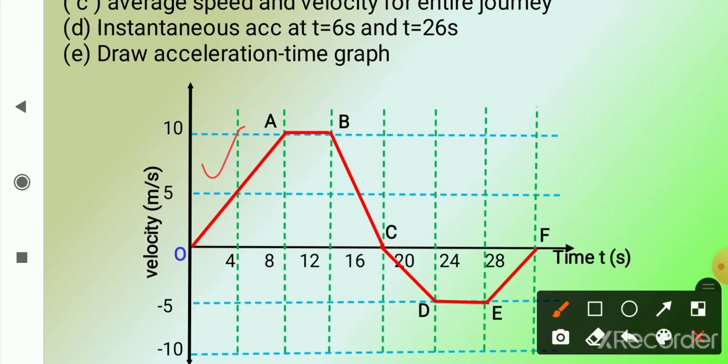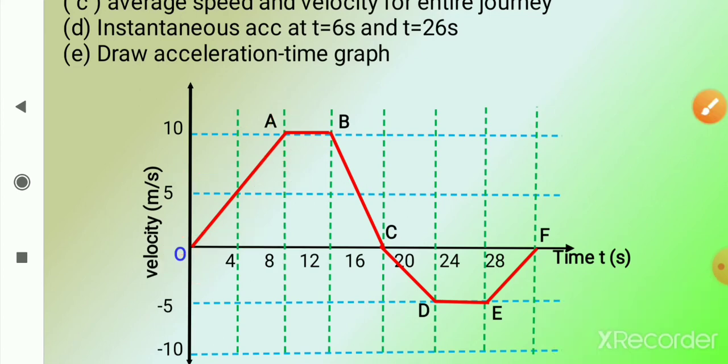If I'm talking about OA, then its slope is height AB, which is equal to 10 upon base, and this base will be equal to 8 seconds, 0 to 8 seconds. So this is 10 upon 8.